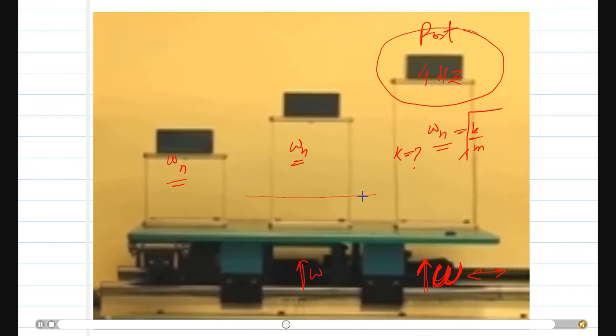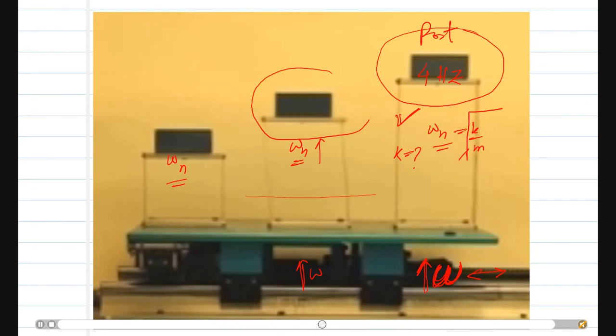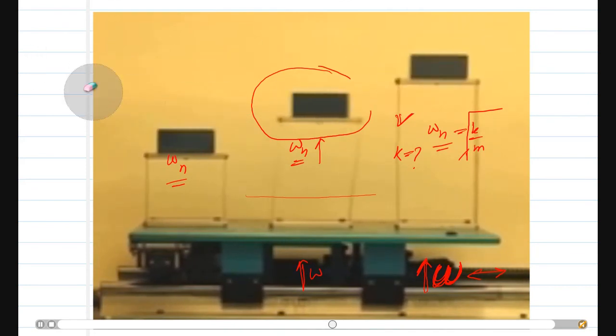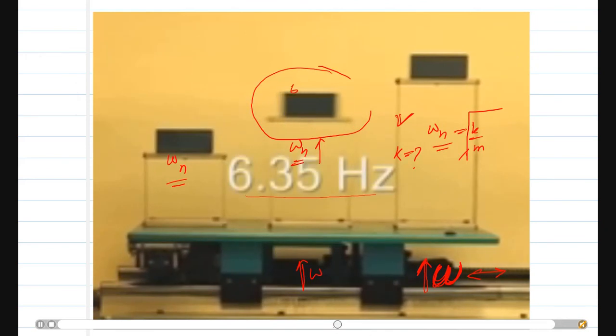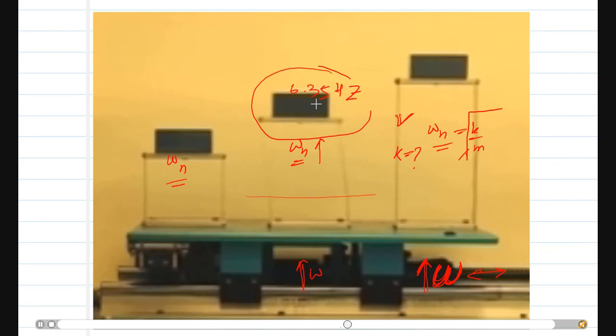Now, the frequency of this mass is slightly higher than that of the previous mass, so what happens now? This one tries to resonate. Clear? If you look closely at this mass, it is now vibrating at 6.35 Hertz, which means its natural frequency is 6.35 Hertz, because when omega becomes 6.35 Hertz, this one resonates.